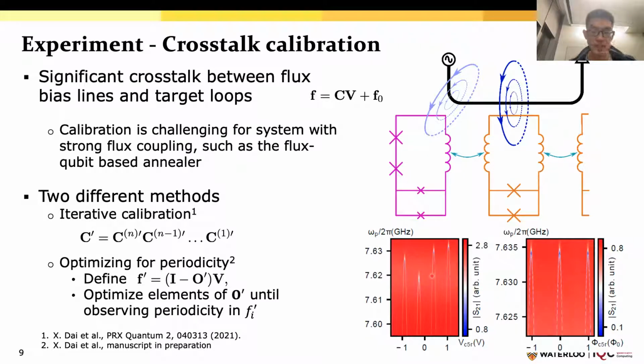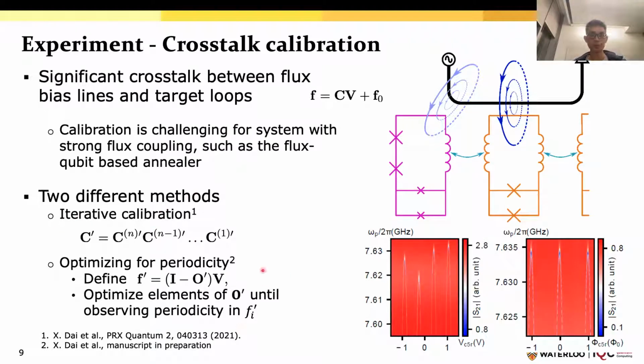In the next iteration, we can make use of the previously obtained crosstalk and sweep in compensated coordinates and gradually restore the periodicity in each round. Eventually you just need to multiply the crosstalk obtained in each iteration together to get the final estimated crosstalk. This was a work that has already been published.